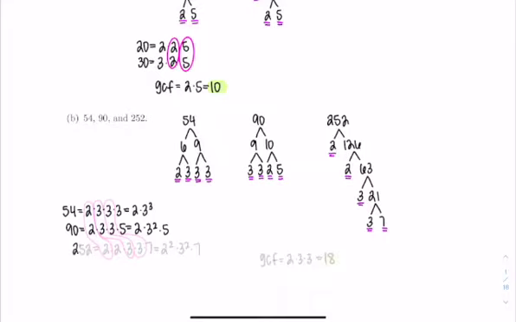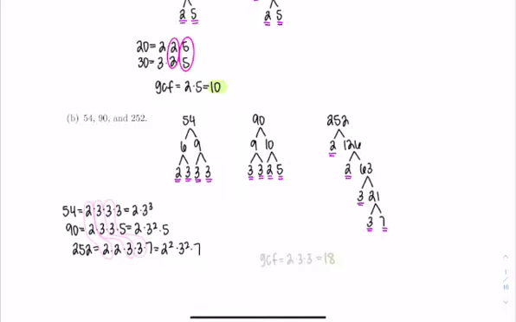And we have 252, which is 2 times 2 times 3 times 3 times 7, or 2 squared times 3 squared times 7.